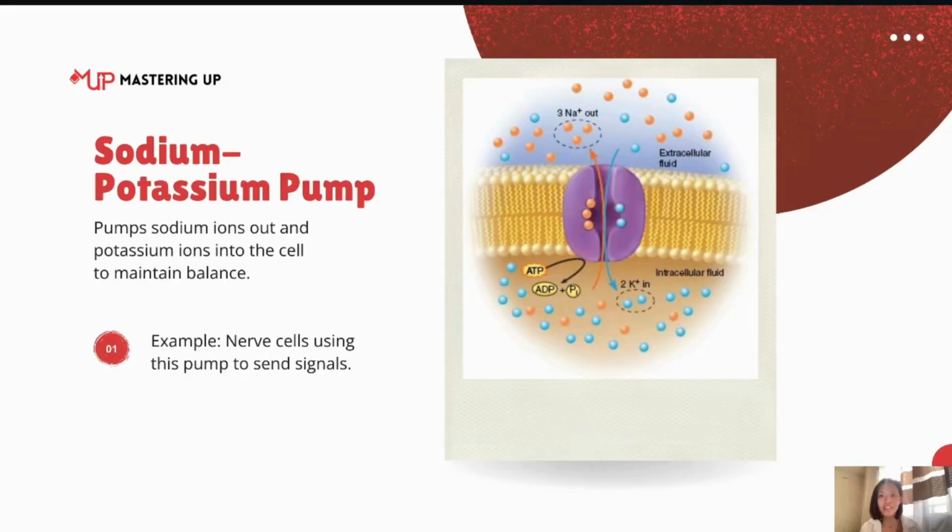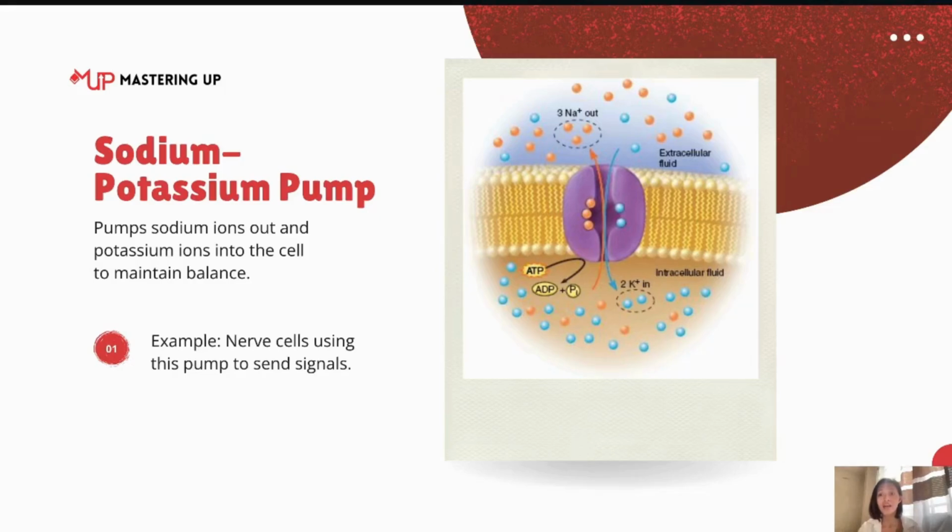Next is the sodium-potassium pump. This is a perfect example of primary active transport. It uses ATP to move 3 sodium ions, or Na+, out of the cell, and 2 potassium ions, or K+, into the cell.